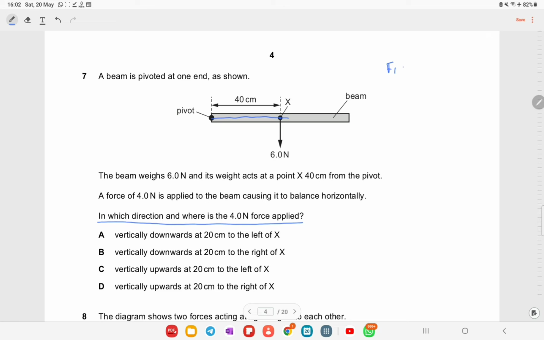F1 D1 equals 40 into 6, which is 240. So this is going to be the 4 newton force. F2 D2, 4 times 60 is equal to 240. So this is going to be 4 newtons.